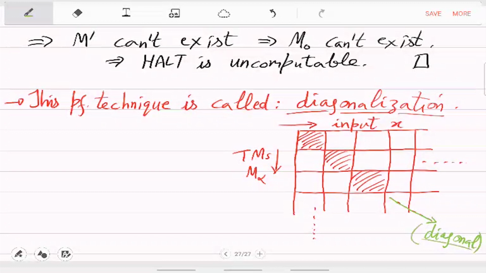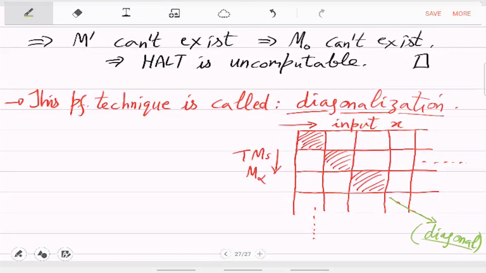So, the machine M0 that we define, or M prime that we define using M0, is actually only looking at the diagonal values and negating them. Once you negate the diagonal, that is what leads you to the contradiction, because when you simulate M beta on beta, that will give you a contradiction.